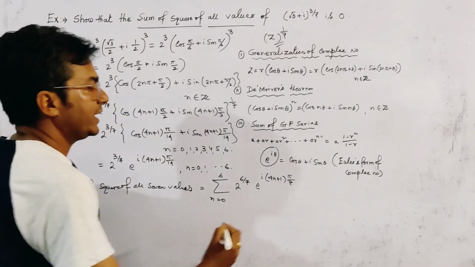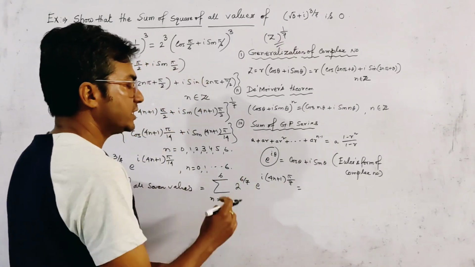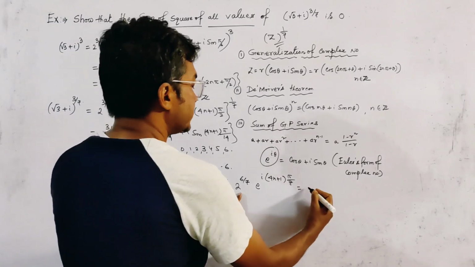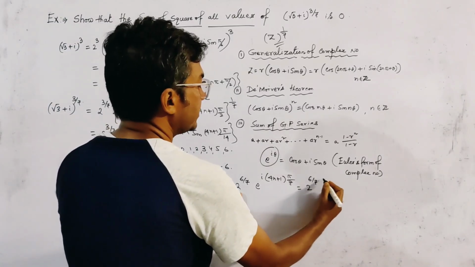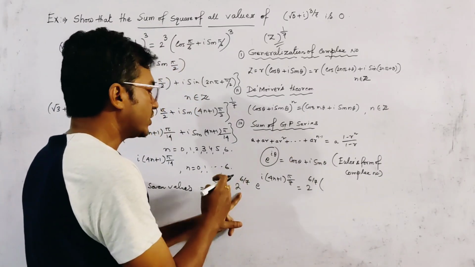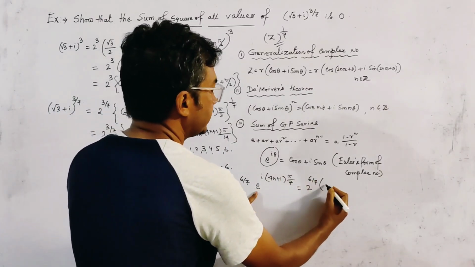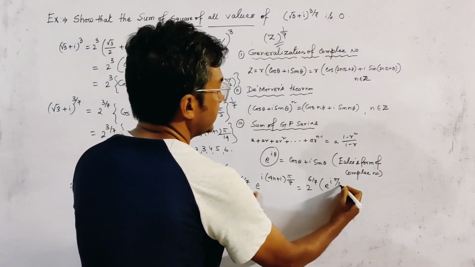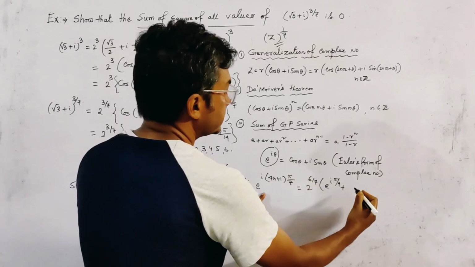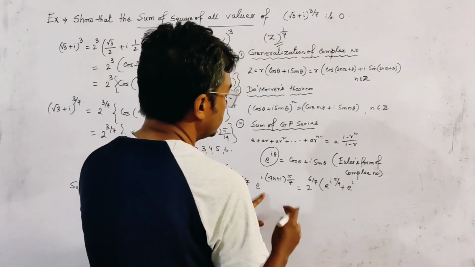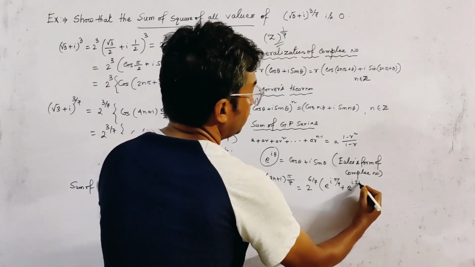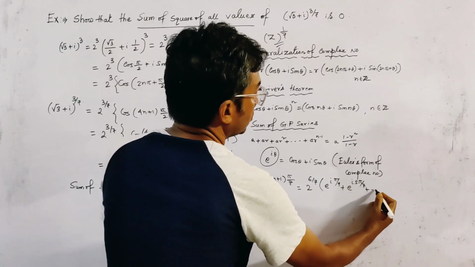If we write it in the expanded form, then 2 to the power 6 by 7 we take common, and the first term by putting n equal to 0 we get e to the power i pi by 7, and the second term is e to the power i into 5 pi by 7 and so on.